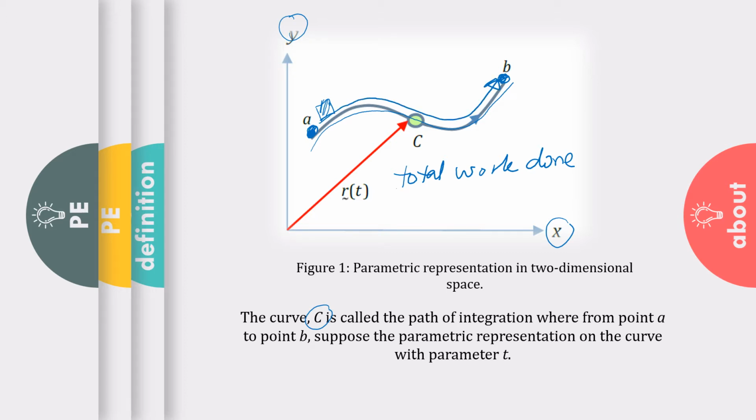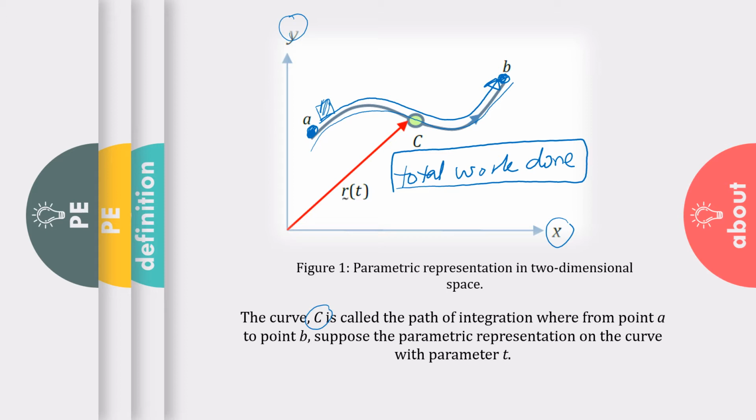In order to find the total work done in vector calculus, we need to find the curve integral or line integral. What is the difference between the work done that we learned during secondary school and now?